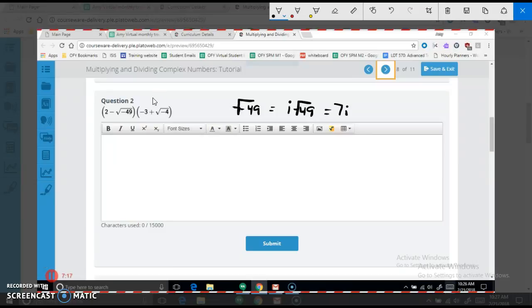So our answer here would be 7i. Same when we do negative 4. We can take out an i and have the square root of 4. The square root of 4 is 2, though, so that becomes 2i. So this is really (2 - 7i) times (-3 + 2i), and then you would just do FOIL for that.